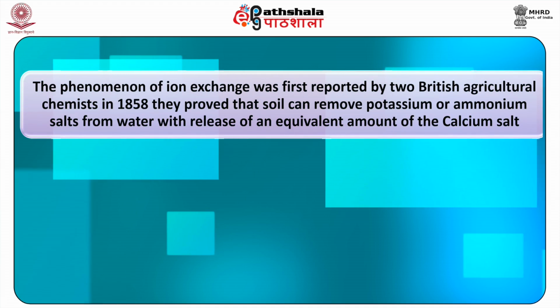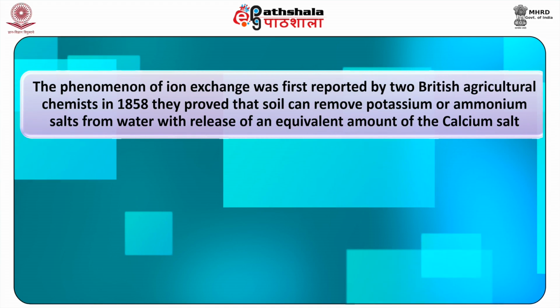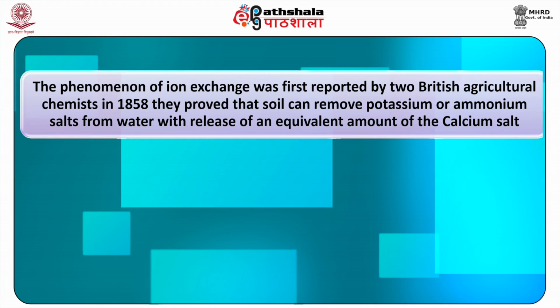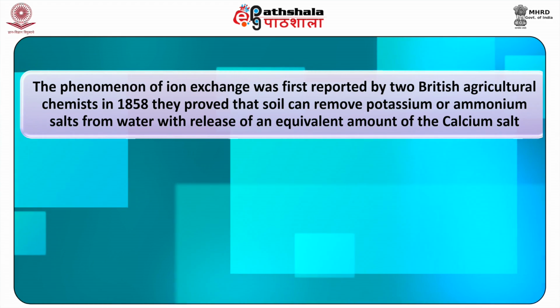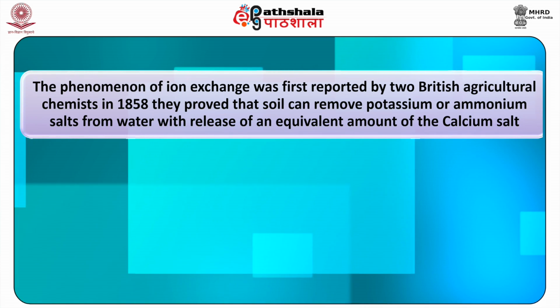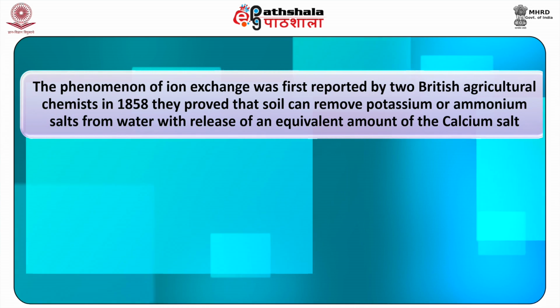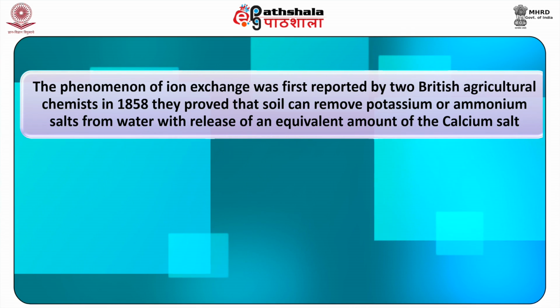The phenomenon of ion exchange was first reported by two British agricultural chemists. In 1858, they proved that the soil can remove potassium or ammonium salts from water with the release of an equivalent amount of calcium salt.